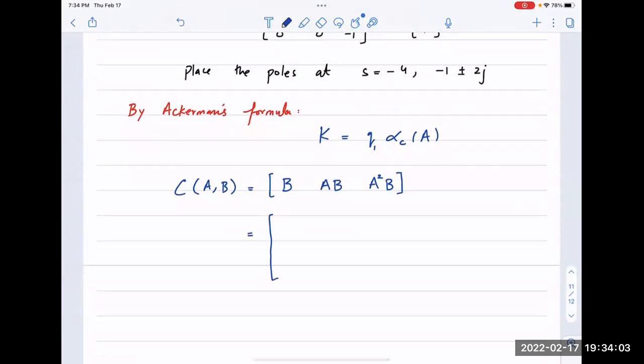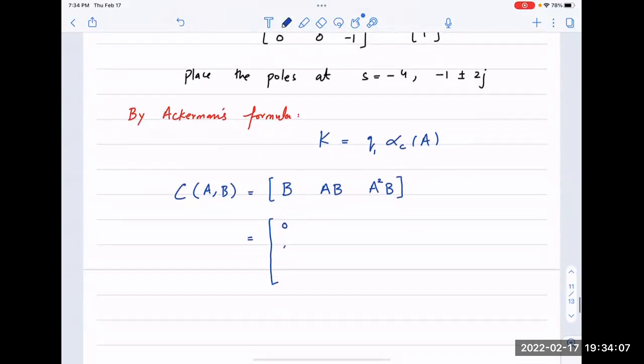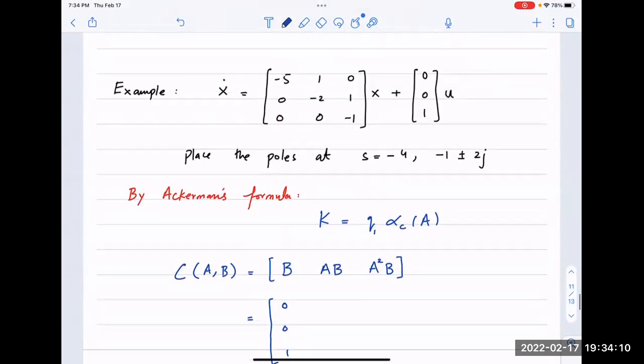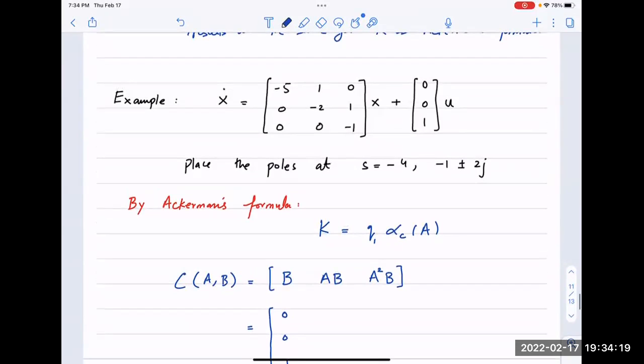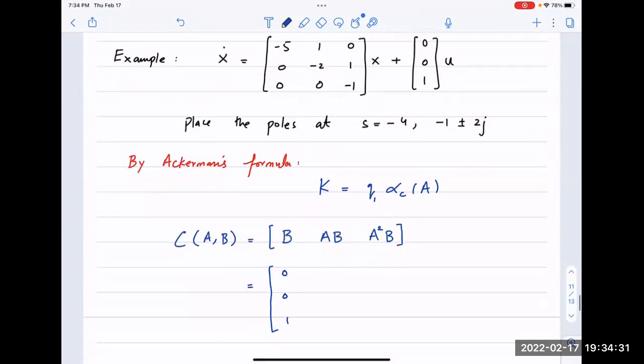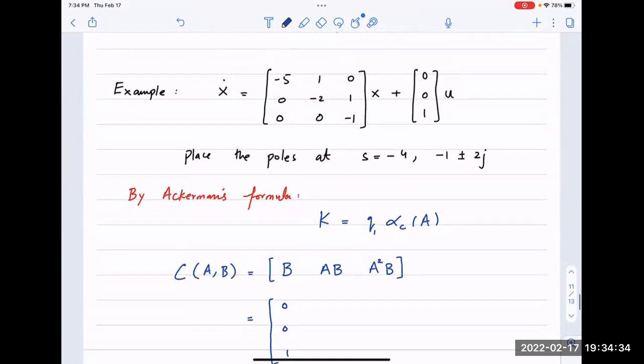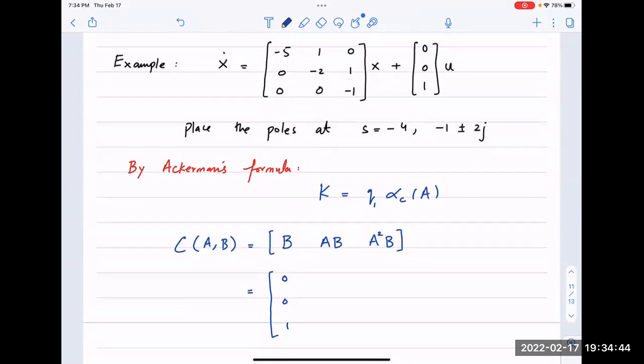So the vector B is 0, 0, 1, and A times B is the third column, which becomes a row: 0, 1, and -1.